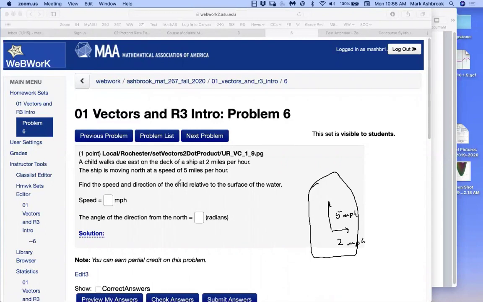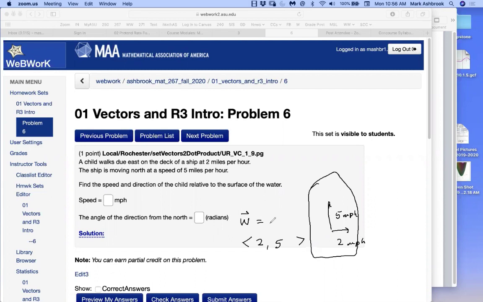So we can come up with a vector for how the child is walking relative to the water. The ship is pushing the child 5 miles per hour to the north, and also the child's walking 2 miles per hour to the east. So as a vector, we'll call it the walking vector, W. What's the x component? Well, it's 2, and the y component is 5.